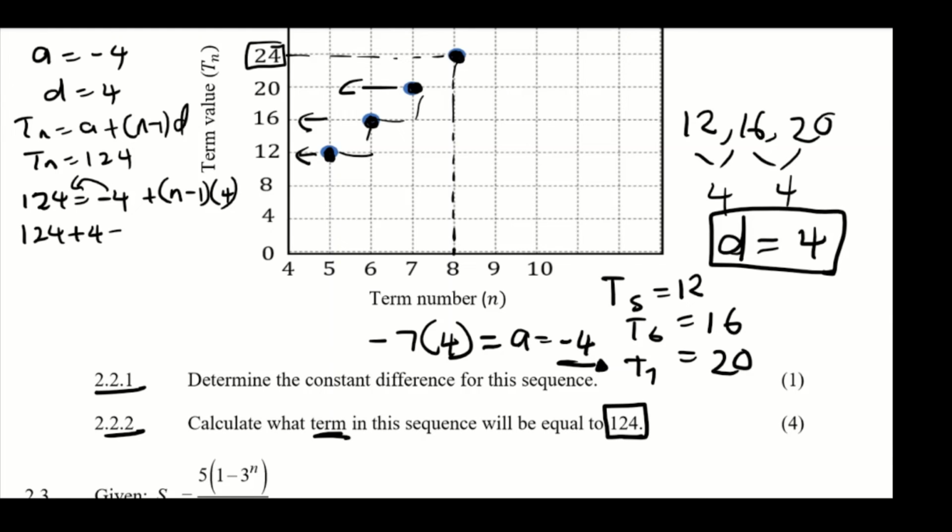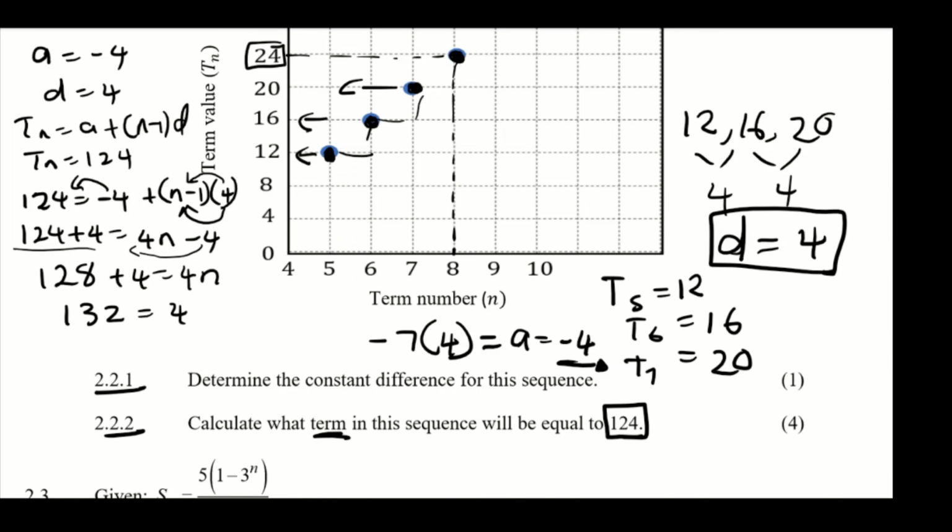We have 124 plus 4 is equal to 4 multiplied by n, which is 4n. 4 multiplied by negative 1 is minus 4, right? So when you add these two, you get 128. And then you take the minus 4 to the other side. We have plus 4 equals 4n. So 132 is equal to 4n. And then you divide by 4 on both sides, so your n value is equal to 33. So this is the solution of n required for 2.2.